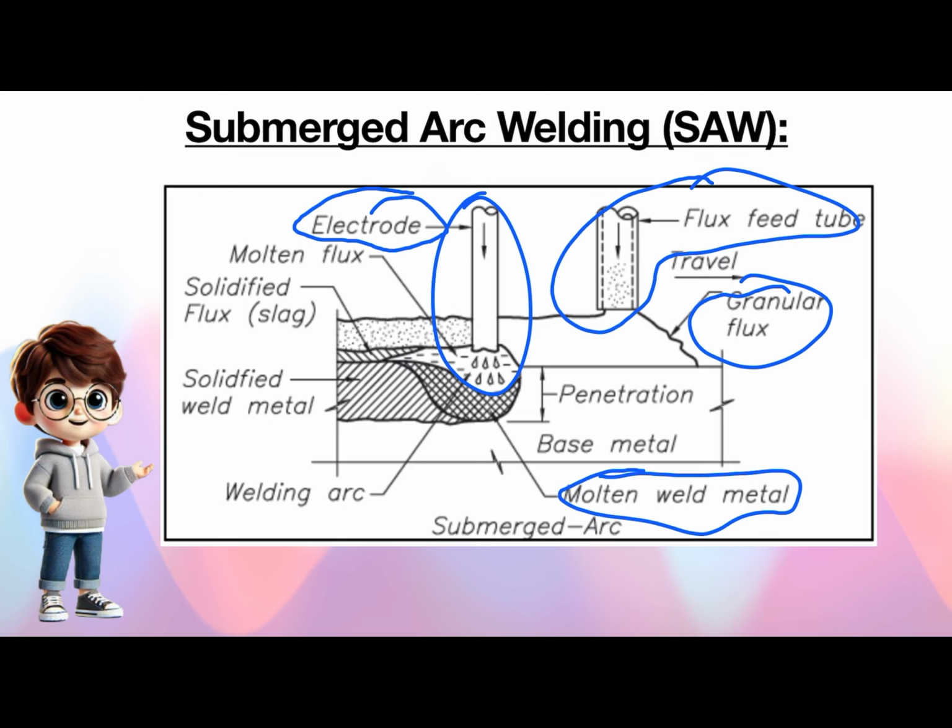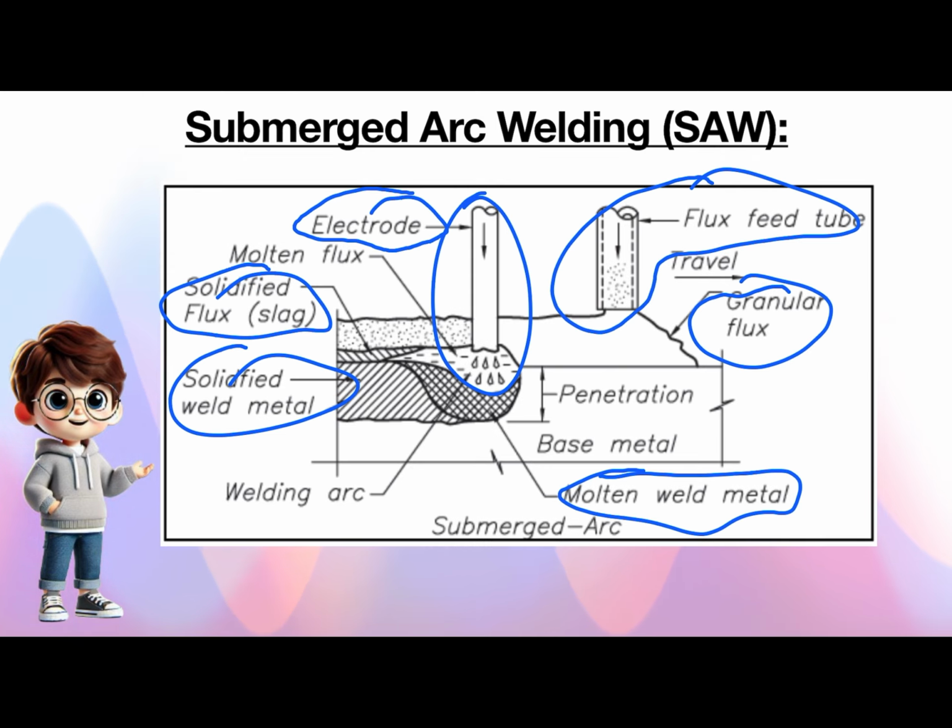Later, this molten weld metal will be solidified. By that time, this flux will mix up with the weld metal and form a slag on the welded joint, and this slag will be chipped off after completing the welding.